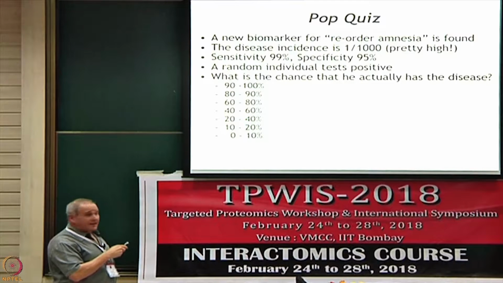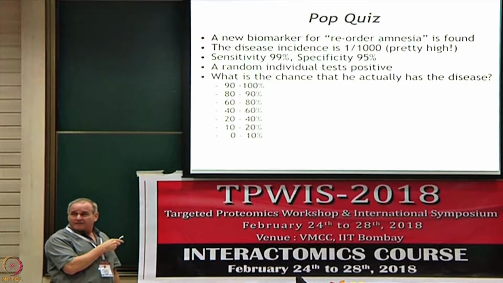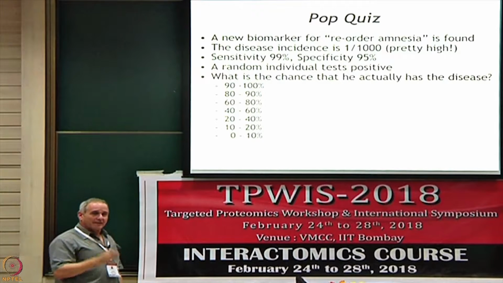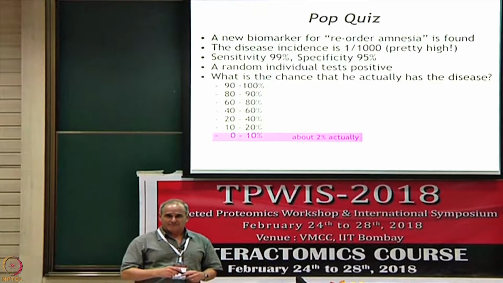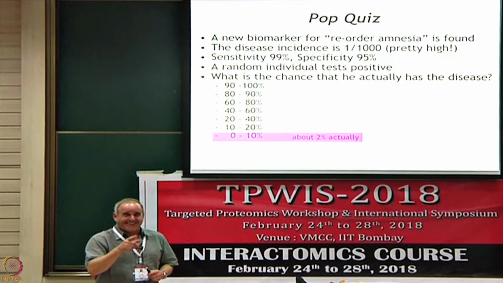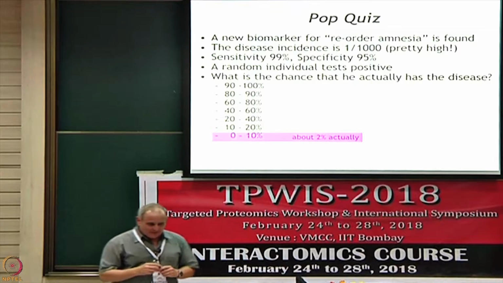How about 0 to 10? Got a few of those. The rest of you all think that it's 90 to 100. How many think it's 90 to 100? Okay, got a few 90 to 100s. All right. It's about 2%. Yeah, it's about 2%, right?